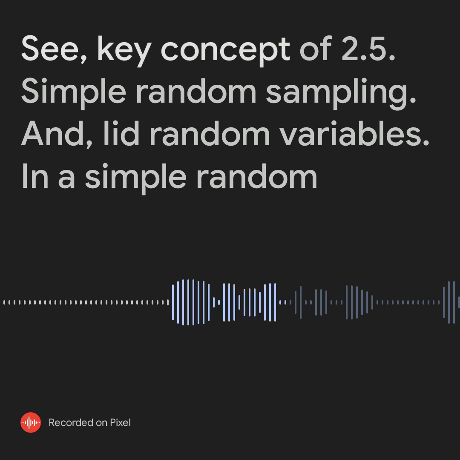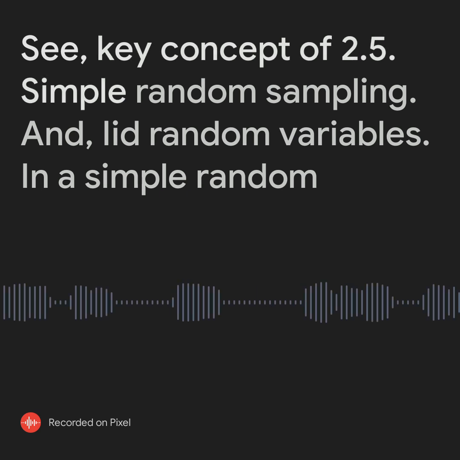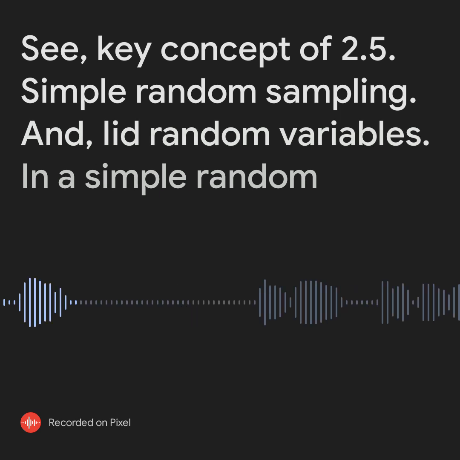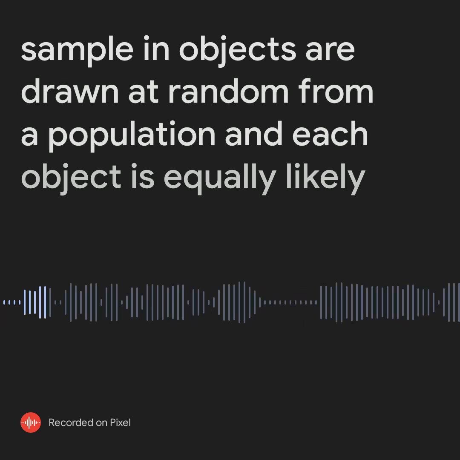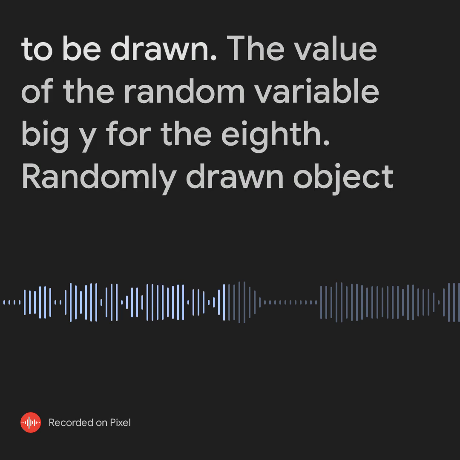See key concept 2.5, simple random sampling and IID random variables. In a simple random sample, n objects are drawn at random from a population, and each object is equally likely to be drawn.